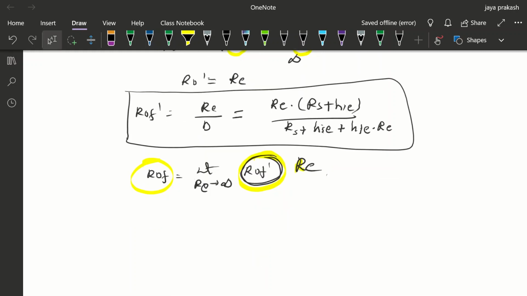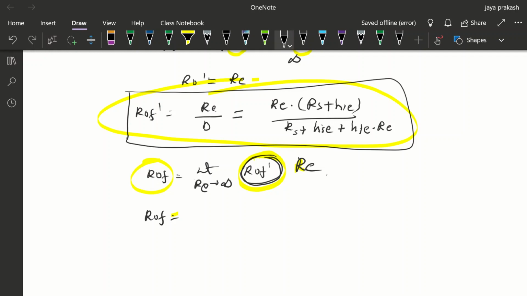So from the above expression, we can substitute RE equal to infinity. Then R naught F is equal to, we can take RE common from this one.